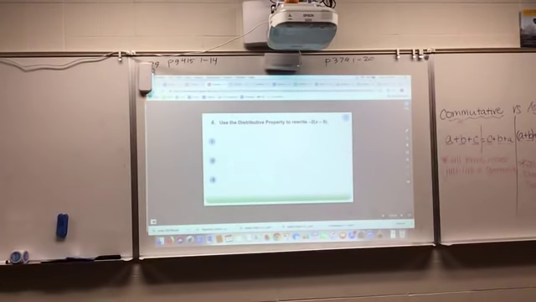All right, a little bit different type of problem. The negative 2 times the x, plus a negative 2 times what? A negative 8, right? I kind of ran out of room a little bit there.